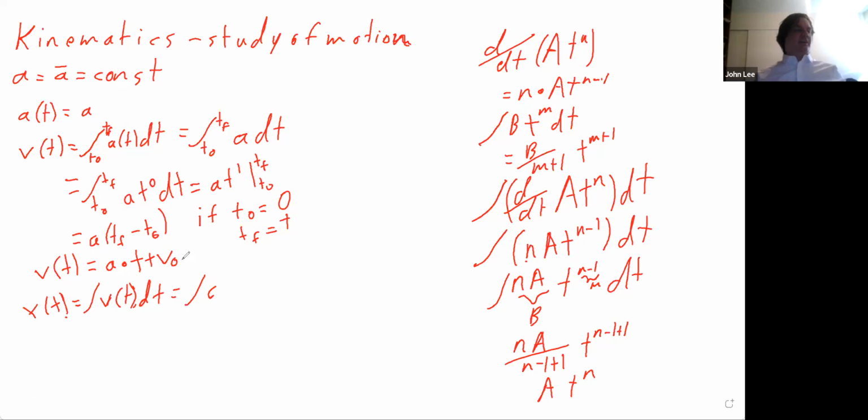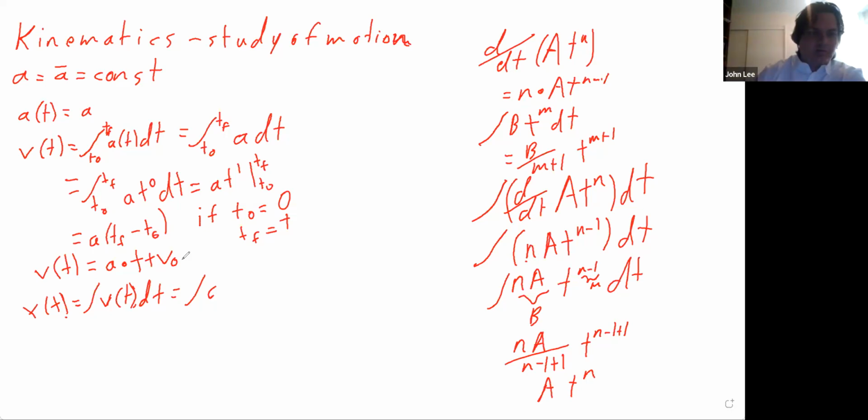You always have a constant, remember? The constant when you integrate is just the value at t equals 0, which is called v naught, where v naught is the value at t equals 0.